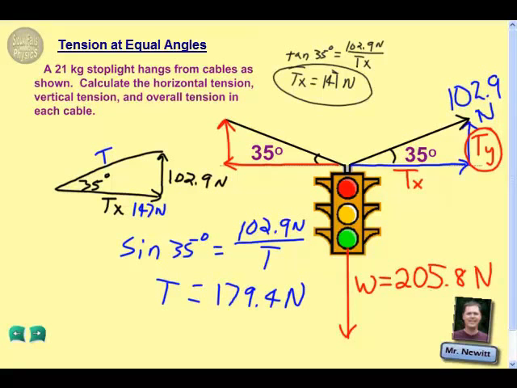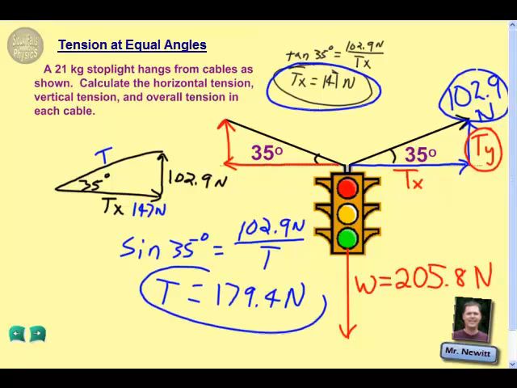So in the end, we have 102.9 newtons for our vertical component, 147 for our horizontal, and our total tension is 179.4. Remembering that that is going to be the exact same measurements on both sides of the stoplight because we do have equal angles.